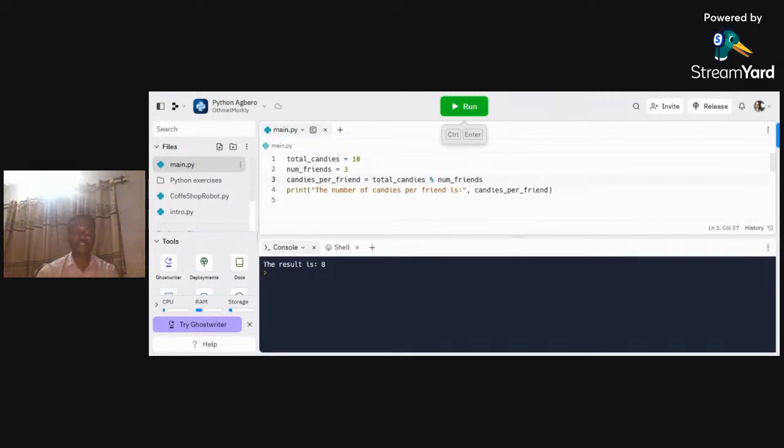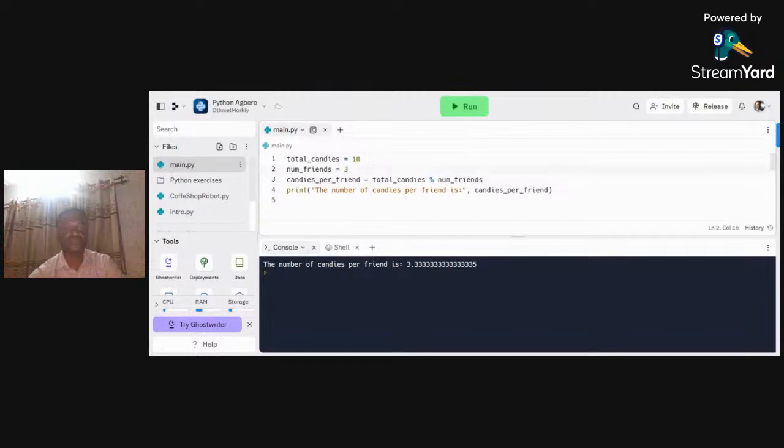So let's run it and see. So 10 divided by 3 is 3 point, I guess 3.1. So let's do the full division. This would have been 3.3.3.3, right? But when you use the modulo operator, which is this one, it gives us the remainder number.